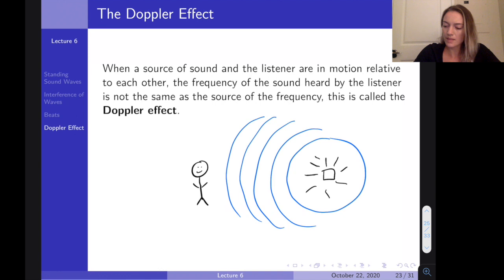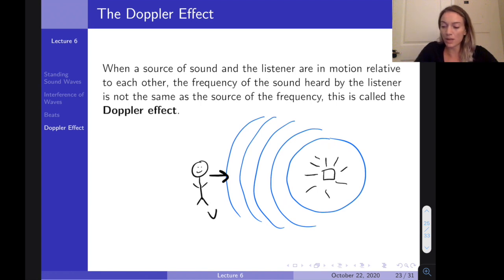If you start moving in this direction with some speed v, it's going to look to you like it's emitting at a higher rate than it really is, because it's emitting some steady frequency and now you're moving closer to it. So instead of hearing 1 cycle per second if both of you were standing still, you might now hear 2 or 3 cycles per second because you're moving. So you'll hear a higher frequency.